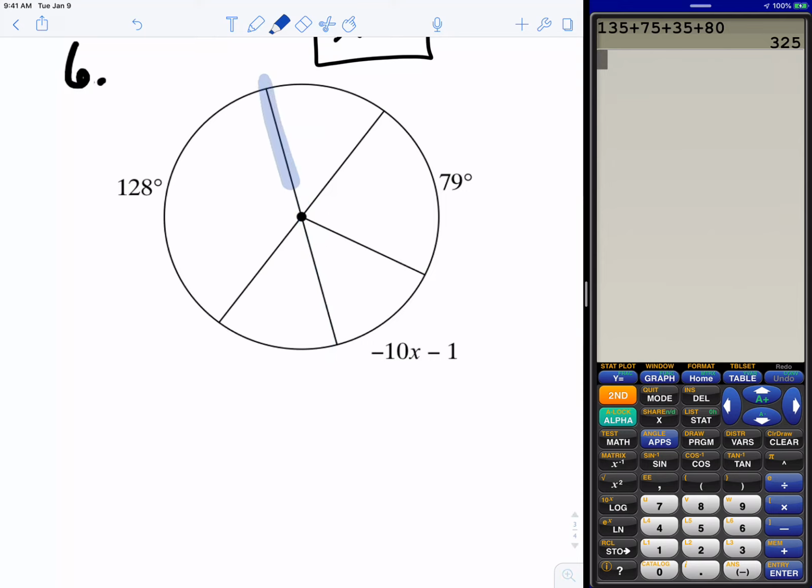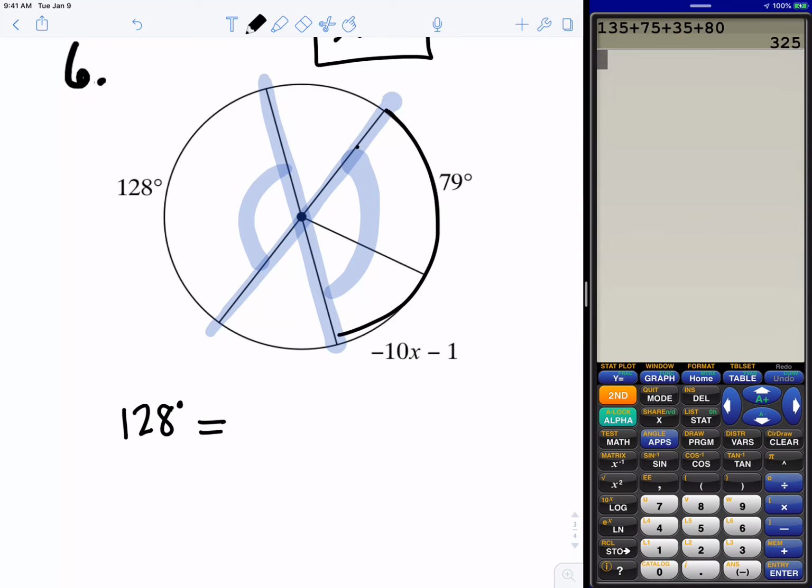But what I do notice is that I have vertical angles right here. This angle here is vertical to this angle here. So if the angles are congruent, then the intercepted arcs are also congruent. So the 128-degree arc is equal to these two arcs added together.